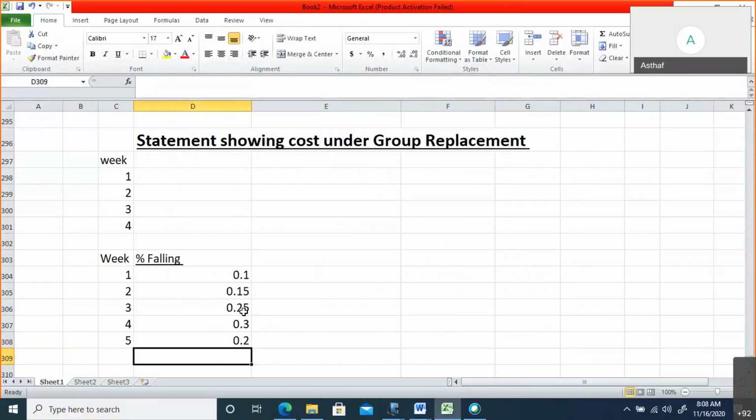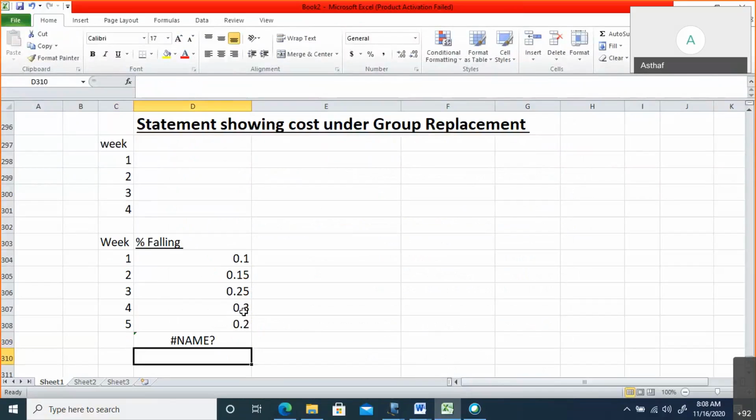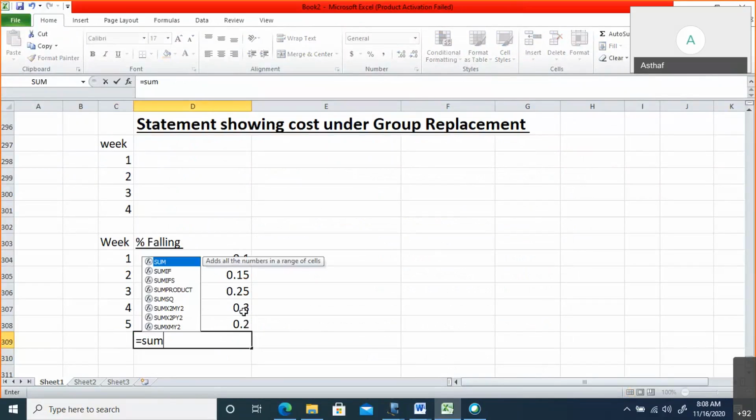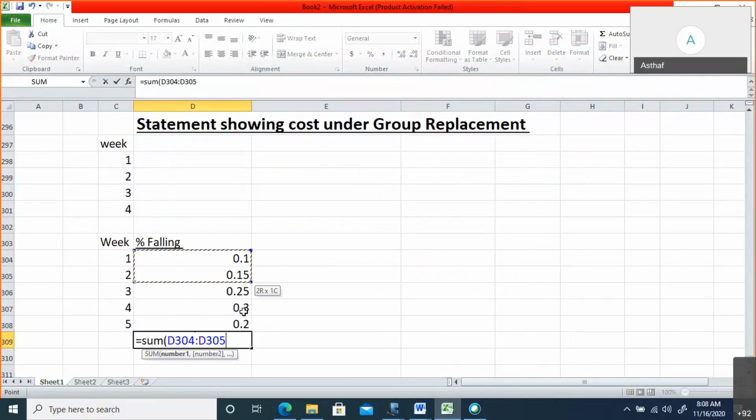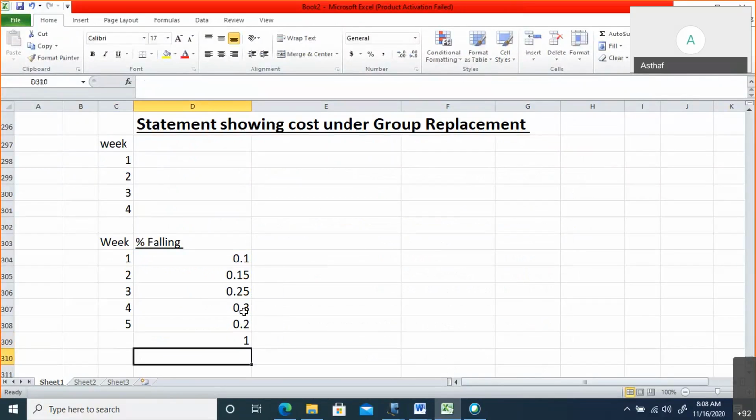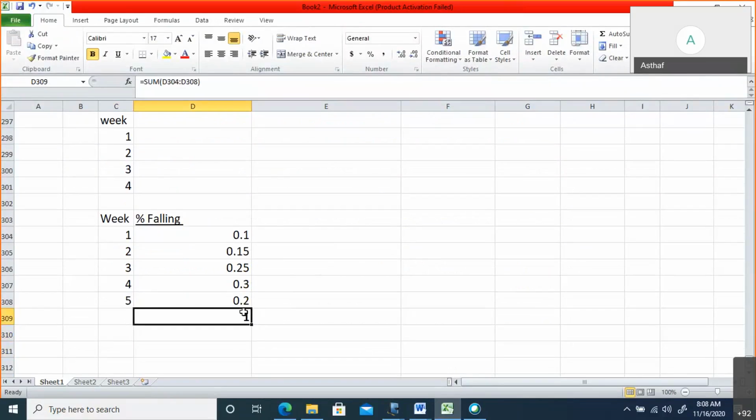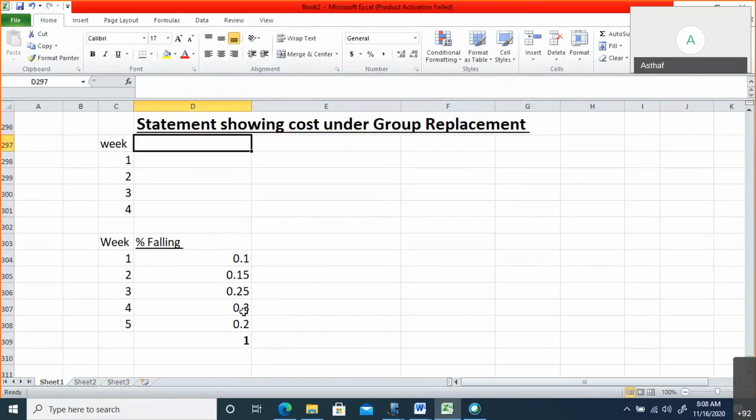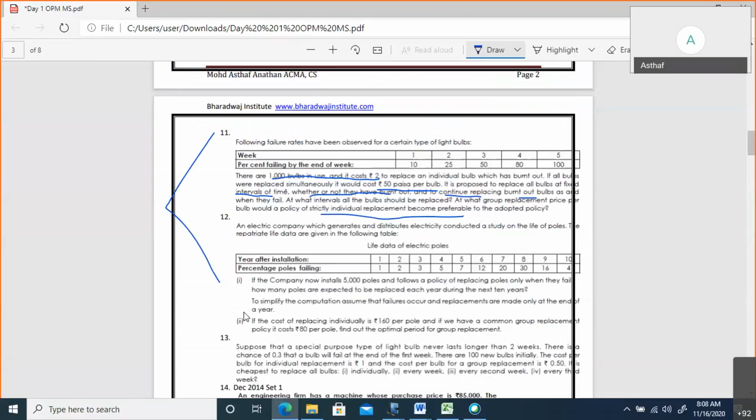Now if you take the total you will get 1. See look here. Now what we have to do? Everyone listen here.